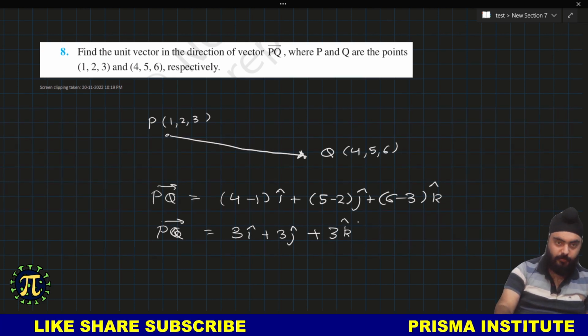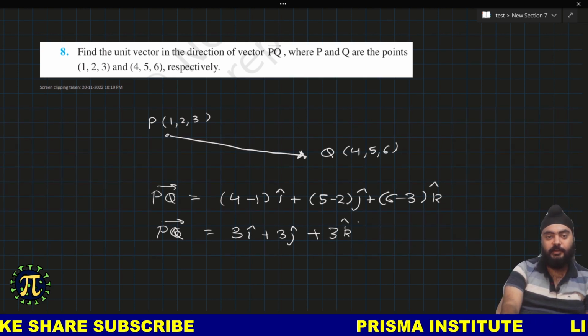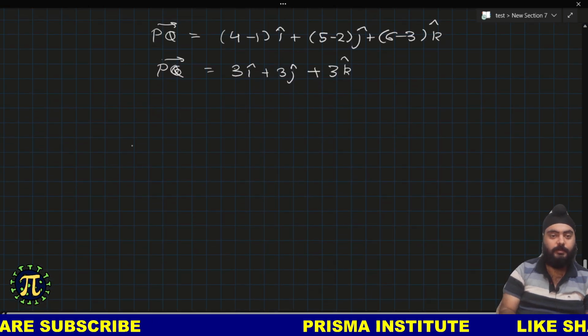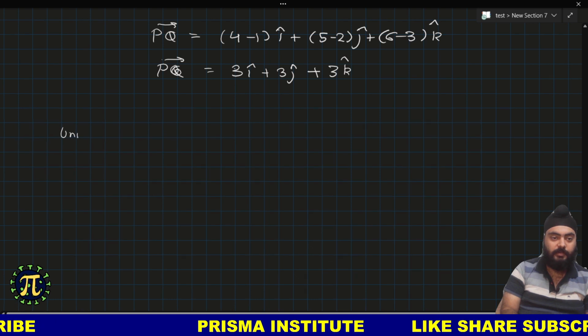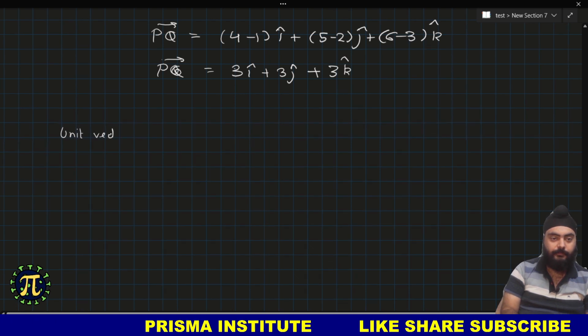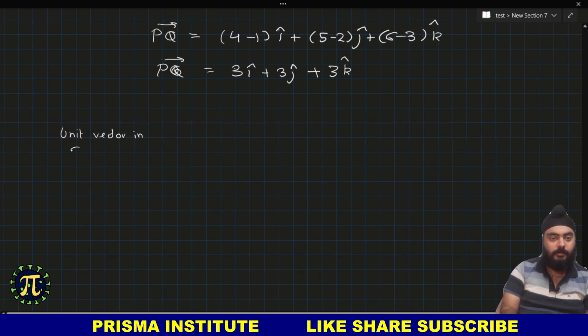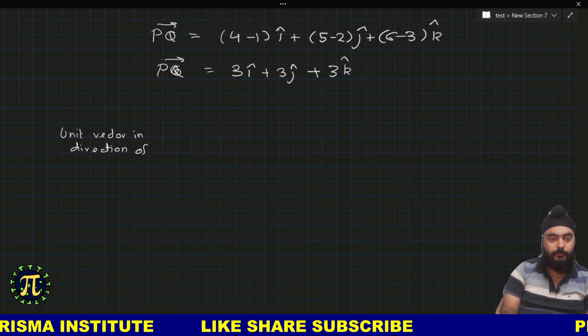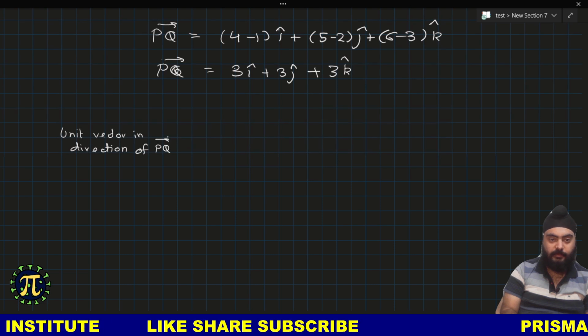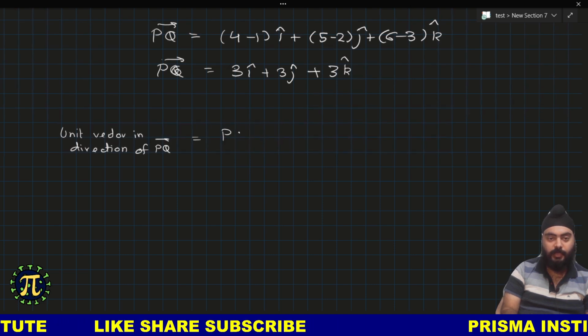Okay, but our question is find the unit vector in direction of PQ vector. तो हमें PQ की डायरेक्शन में यूनिट वेक्टर निकालना है. So basically unit vector in direction of PQ vector. So हमारा क्वेश्चन क्या है, PQ cap.